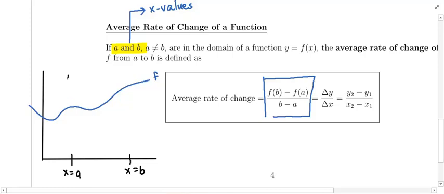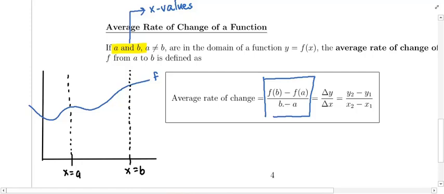So you're only going to be interested in the portion of the function in between these two vertical dotted lines.